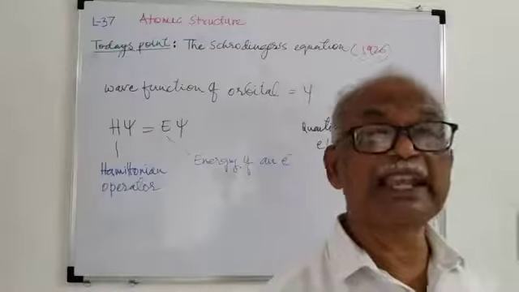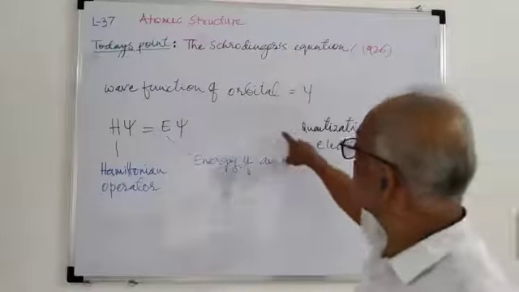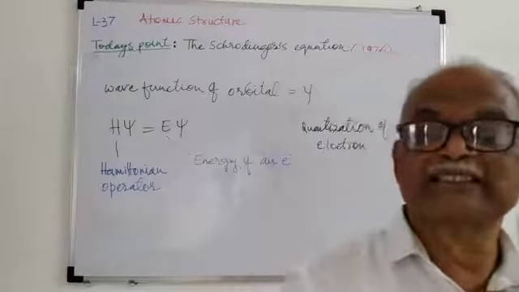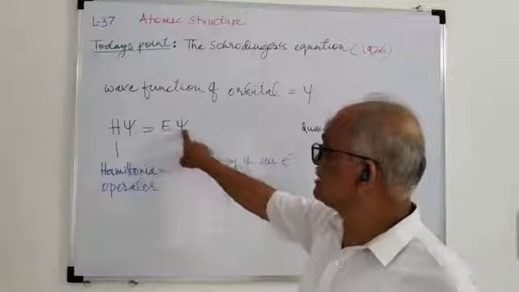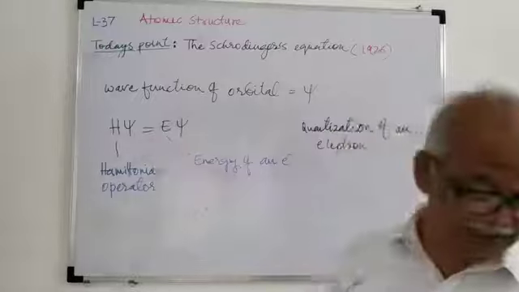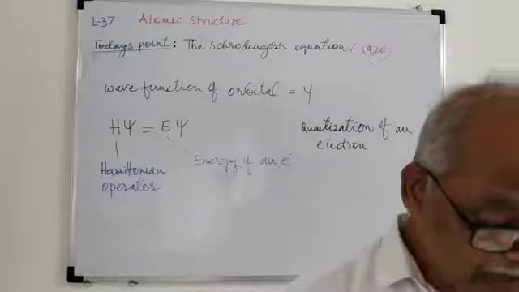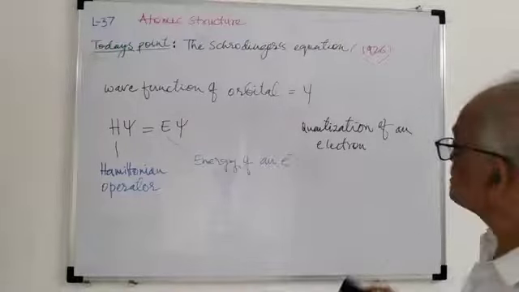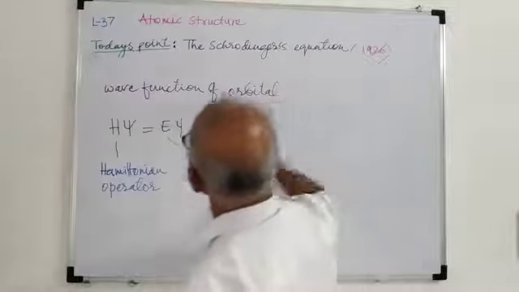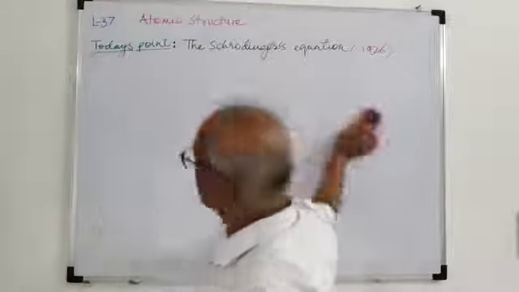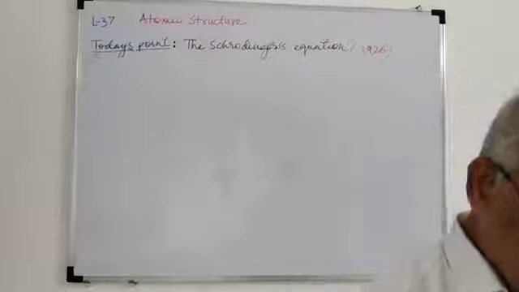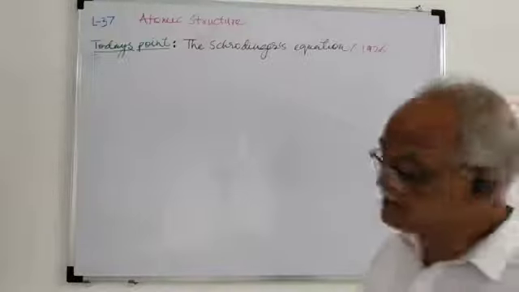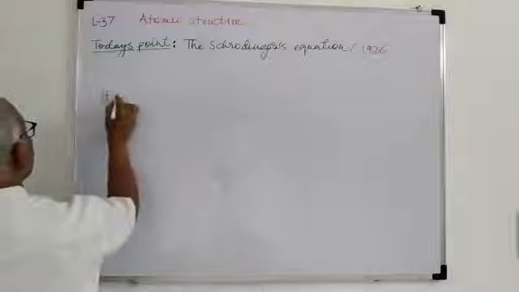In this way, every electron has a different value of psi and a different value of E, and every electron is characterized by these two values. Therefore, the Hamiltonian operator can be used to calculate the energy of energy levels.